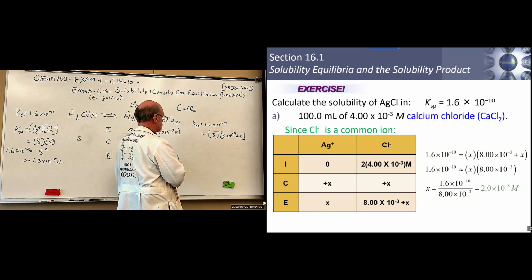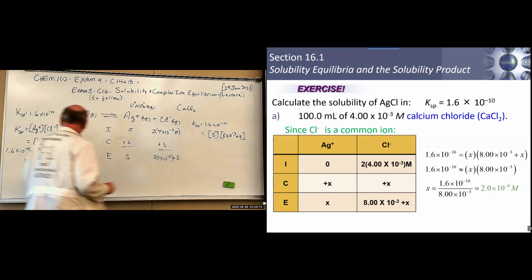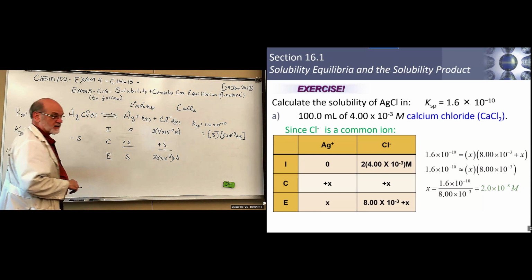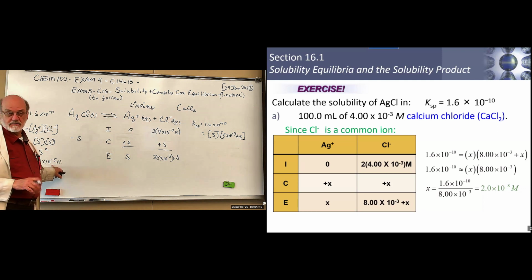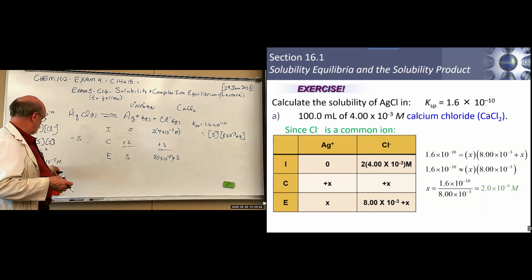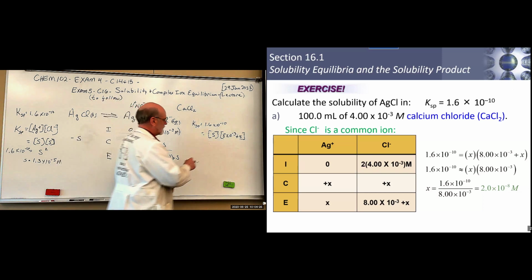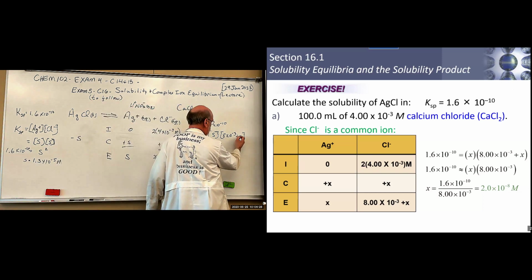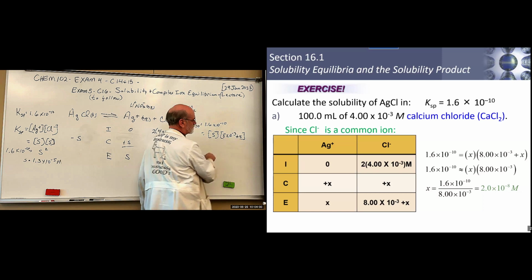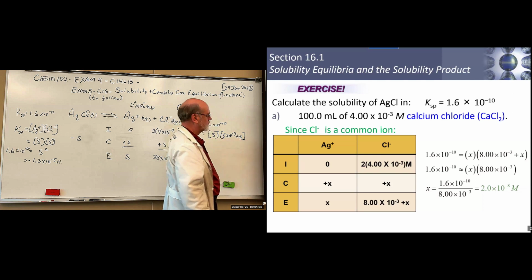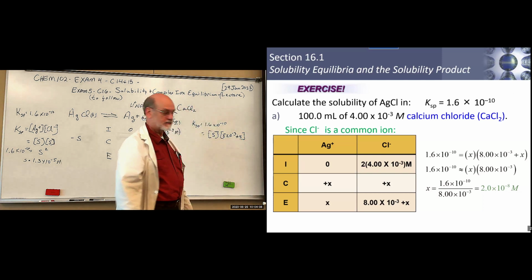What we're saying is that the solubility we know in pure water is 10 to the minus 5. We know that the solubility is going to be even less, right? Qualitatively. So with such a small value, S is going to be even smaller relative to this value, and we're going to drop that S from here, just so we don't have to solve a quadratic.